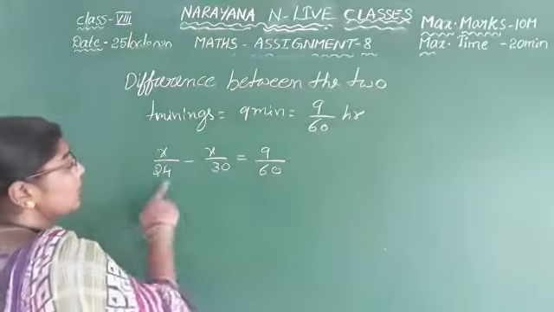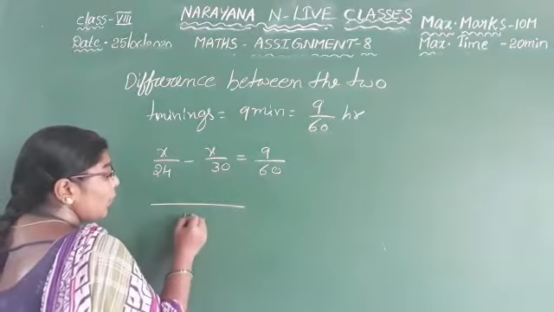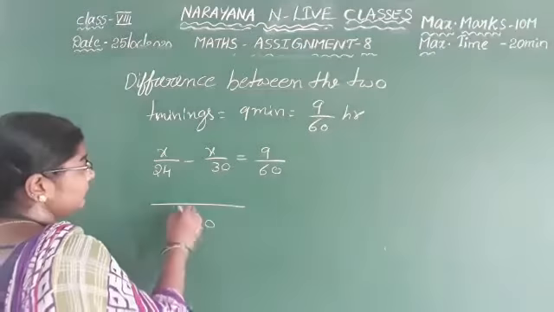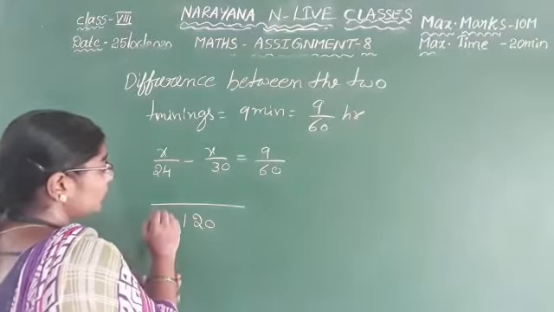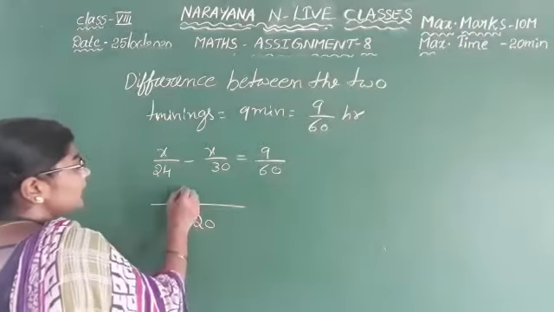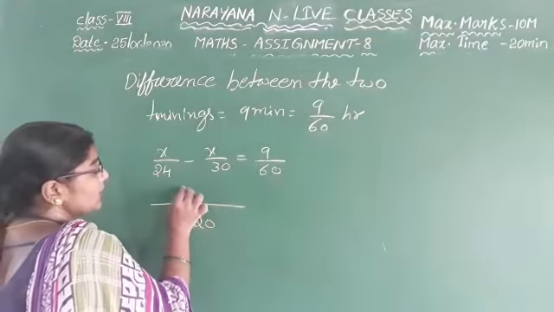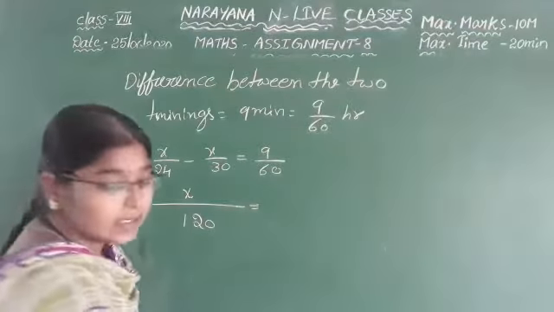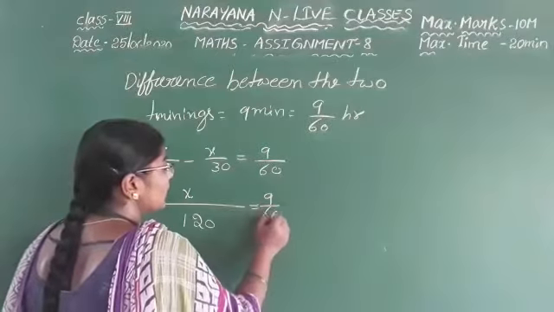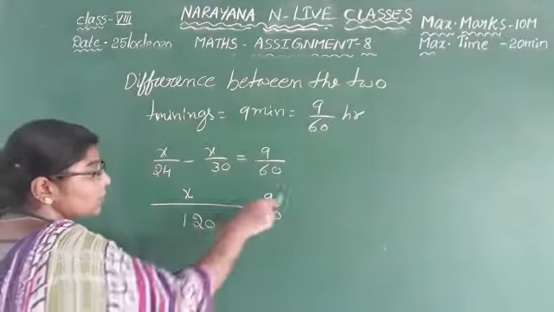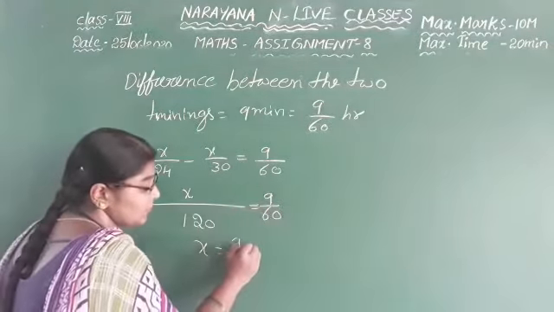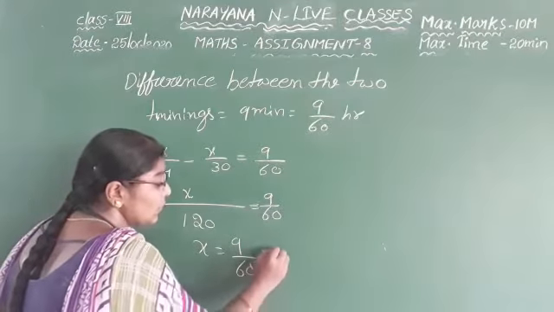What is the LCM of 24 and 30? 120. So x by 120 is equal to 9 by 60. The 120 going to that side becomes multiplication, so 9 by 60 into 120.